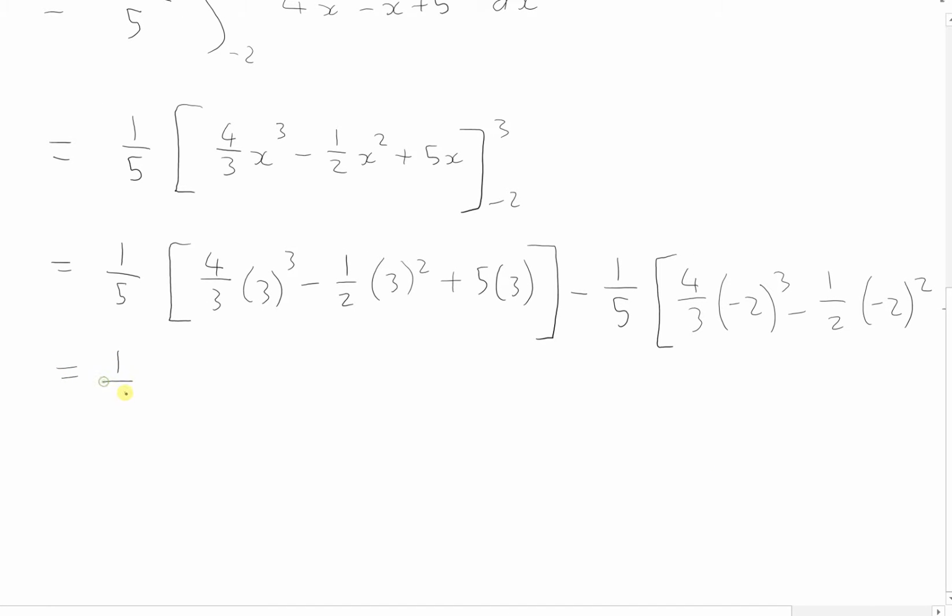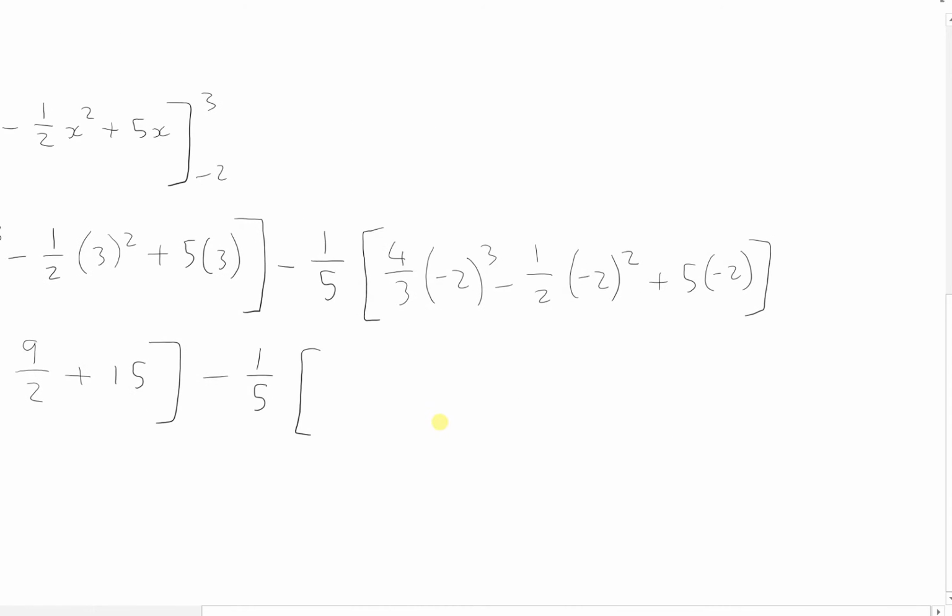I still have 1 over 5 outside, and what do I have inside? It is 3 cubed, which is 27. So 27 times 4 is 108, so it's 108 over 3 minus 9, because 3 squared is 9, so it's 9 over 2 because it's 9 times 1/2, plus 15. Okay, minus 1 over 5.